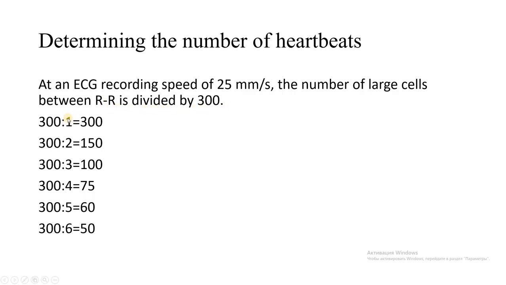For example, if one big box between RR distance, we divide 300 by 1 and heartbeats 300. Two big boxes, we divide 300 by 2, heartbeats 150. If three big boxes, we divide 300 by 3, this is 100 heartbeats per minute.